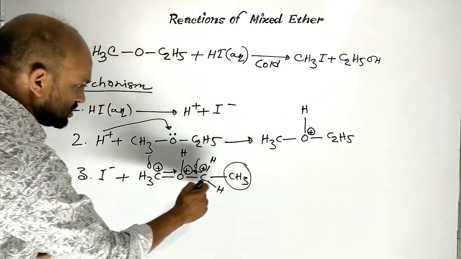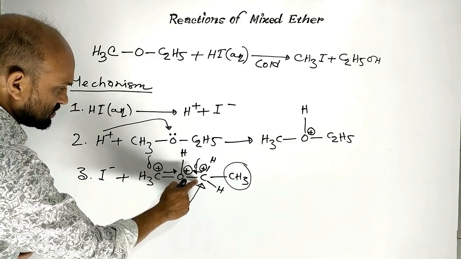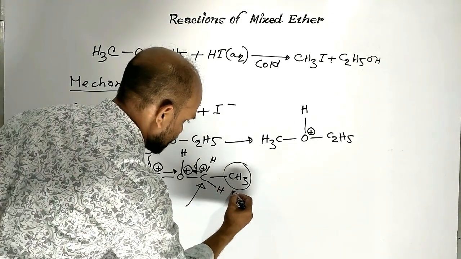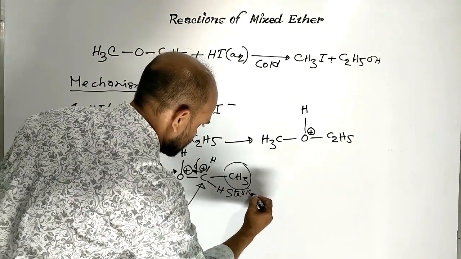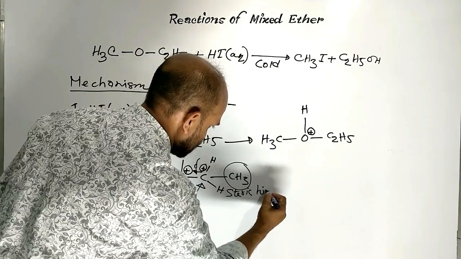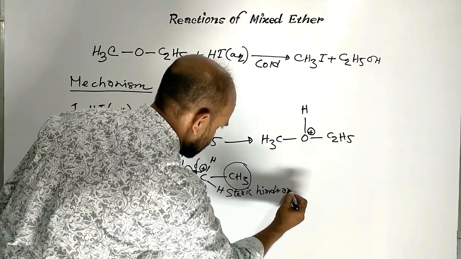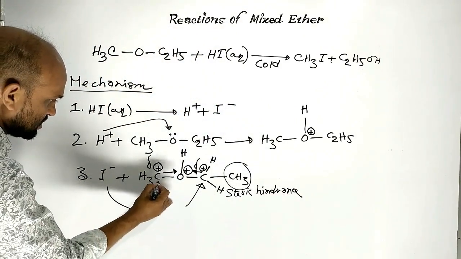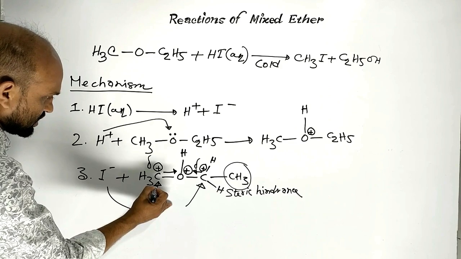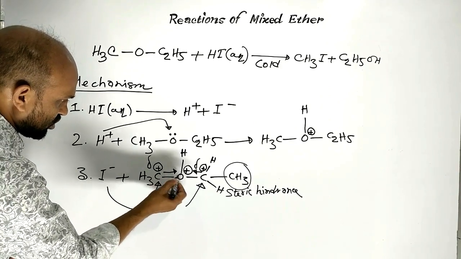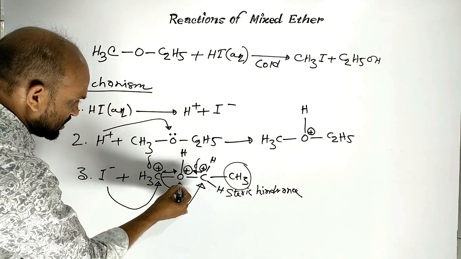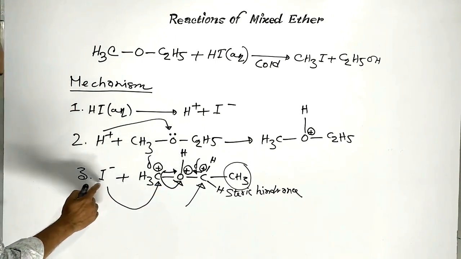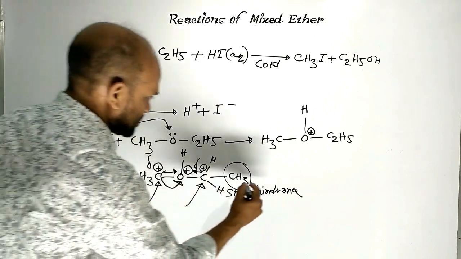That is, this carbon is not attacked by iodide ion due to the steric hindrance. So iodide ion attacks easily this carbon. At the same time, carbon oxygen bond experiences heterolytic fission. That is, here nucleophilic substitution occurs.